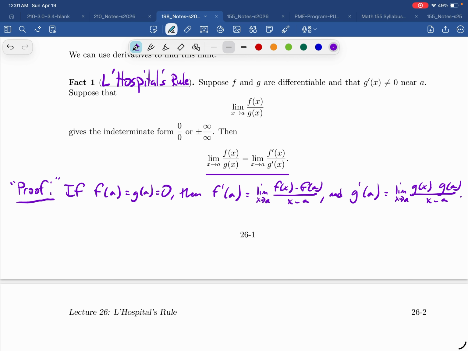So the limit as x approaches a of f of x over g of x equals, well, let's see what happens with this definition of the derivative.